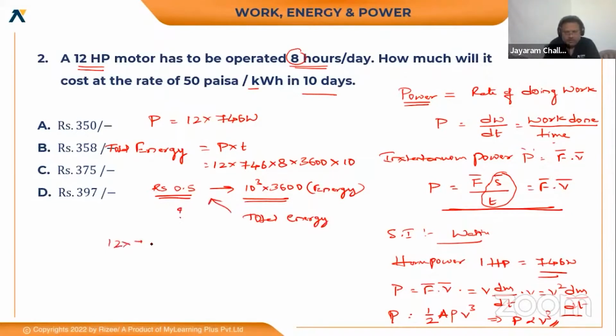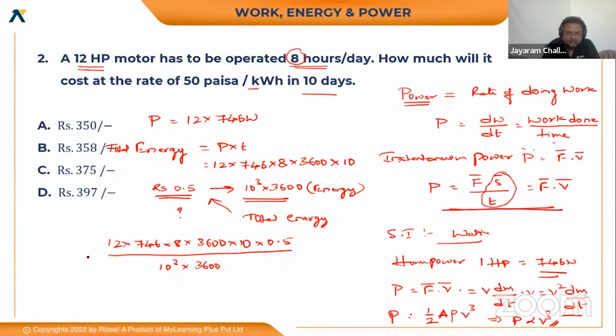12 into 746 into 8 into 3600 into 10. This is your total energy, into 0.5, divided by 10 to the power of 3 into 3600.